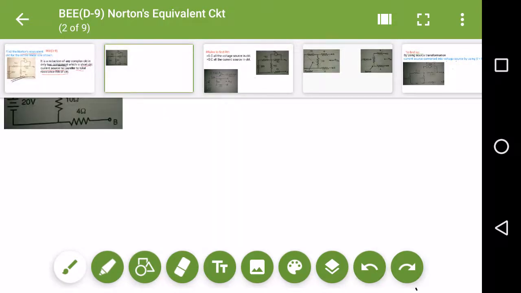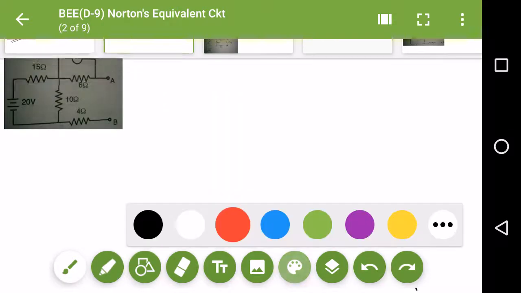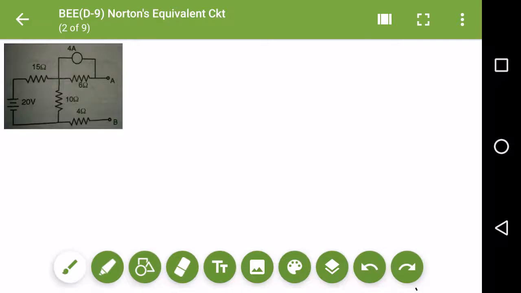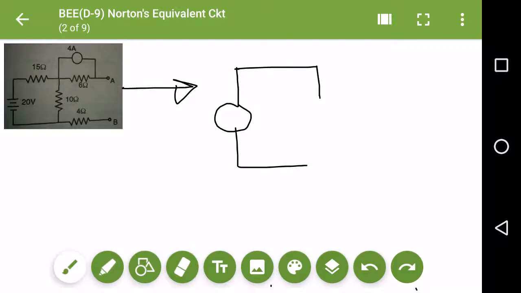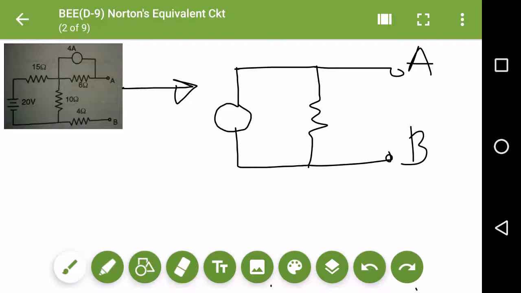I need to reduce this given circuit to a Norton equivalent circuit, and the circuit should look like this. It should consist of a short circuit current source and a total resistance across the given points, that is AB.